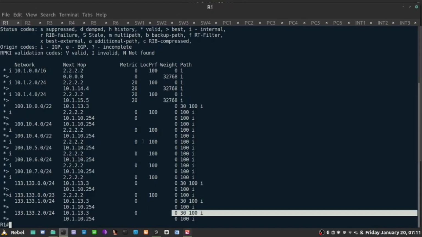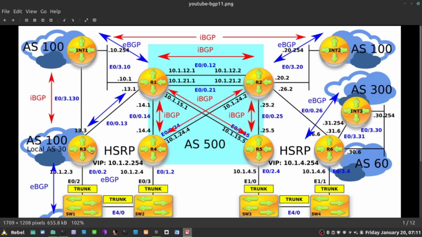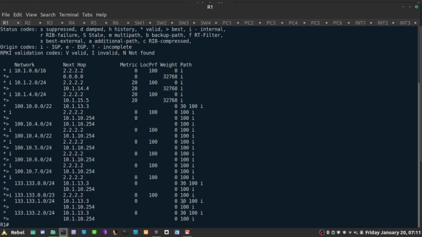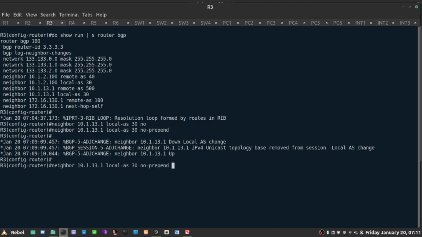So if we're okay with that, we can leave it as such, or we can change it. We can change it and point R3 as what they think it is, which is only AS30. How would we do that? It's a simple fix. For the same neighbor, I'm going to do this replace AS.